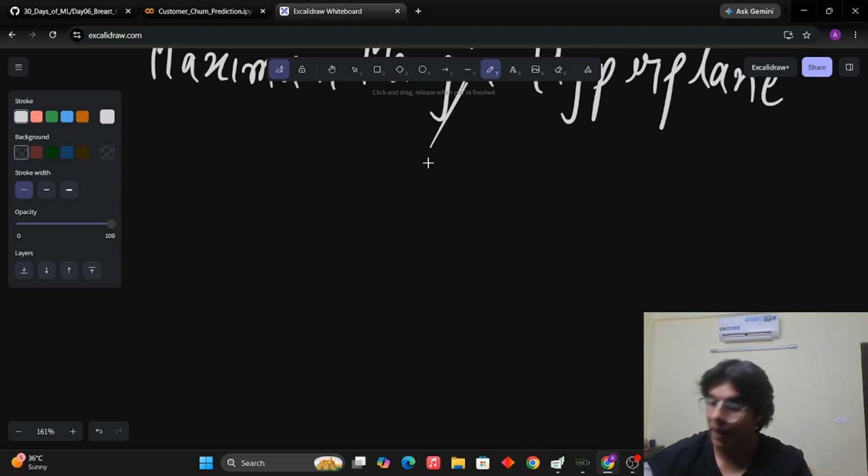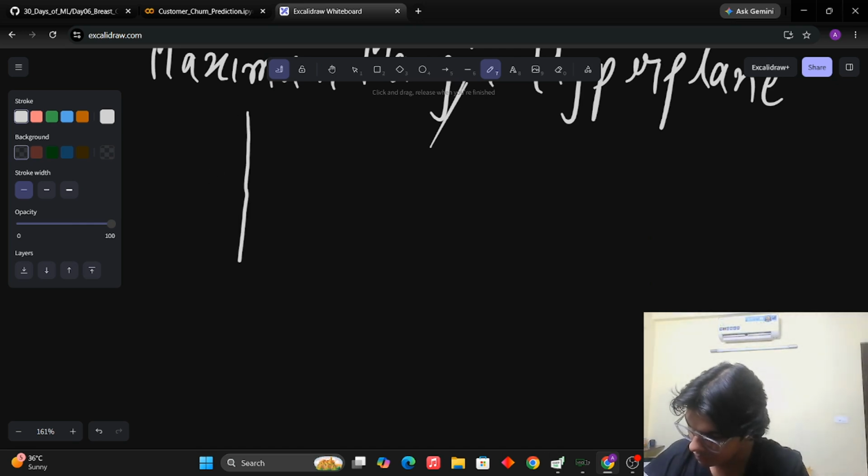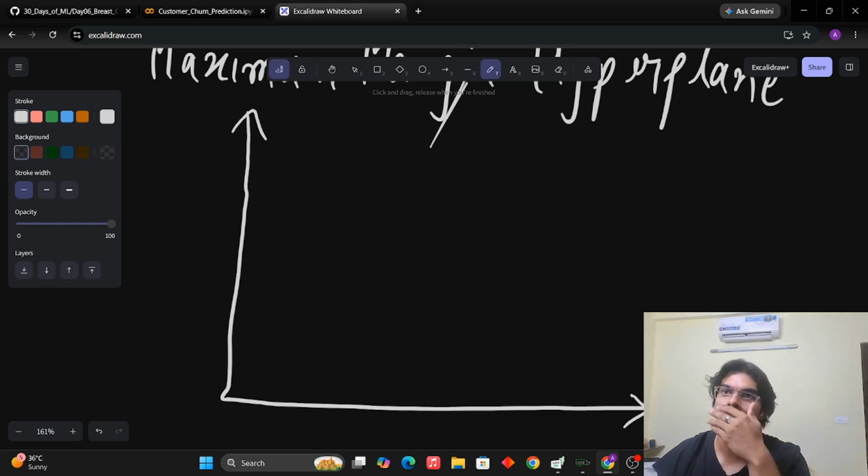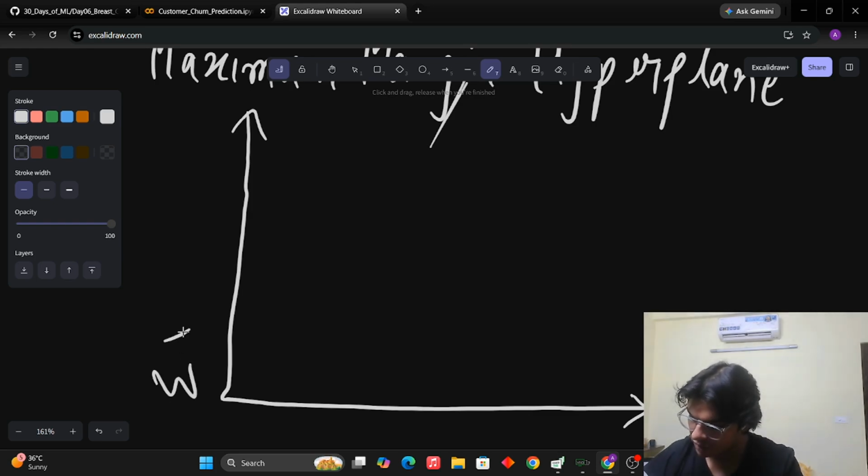Now let me draw the graph again. So this was our graph. Simple. Imagine a weight vector. As we know, machine learning models have weights and features. So imagine a weight vector W, drawn from the origin like this.